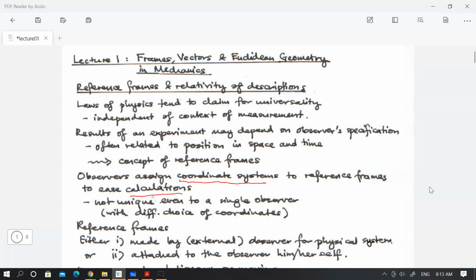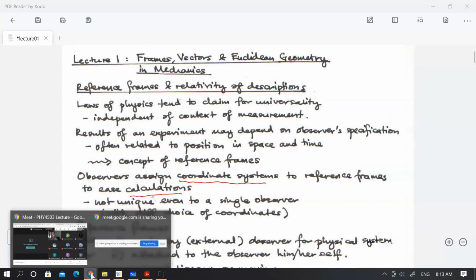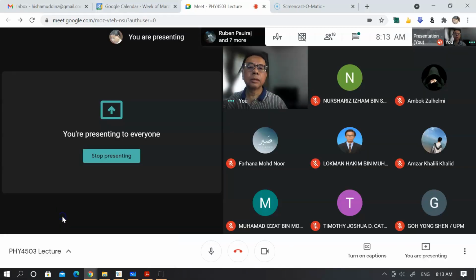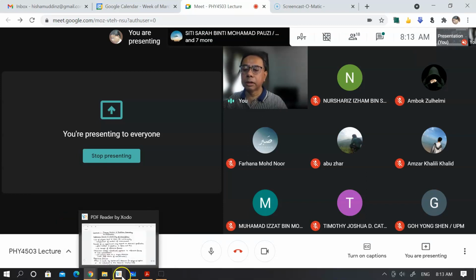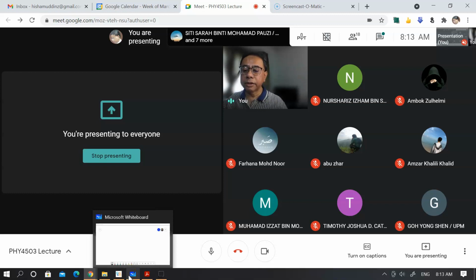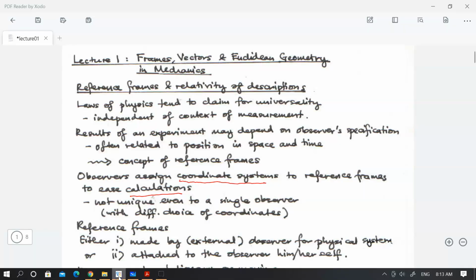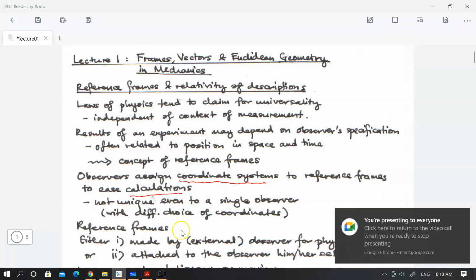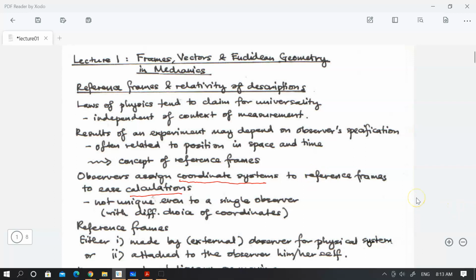And because this is tied up with the reference frame, it's not going to be unique.